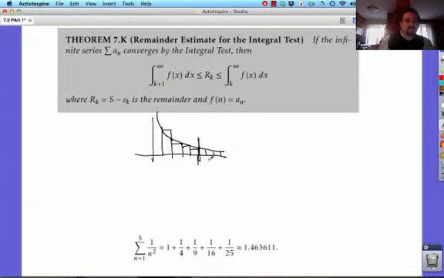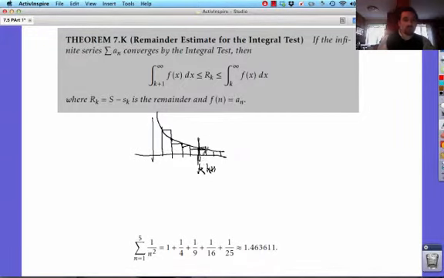Well, what's left is somewhere in between the right Riemann sum and the left Riemann sum, and that's what this is saying. What's left is somewhere in between those two numbers. So we sum up the first few, then if we want to figure out what's happening after that, it's somewhere between starting here and taking a left Riemann sum, or starting here and taking a right Riemann sum.